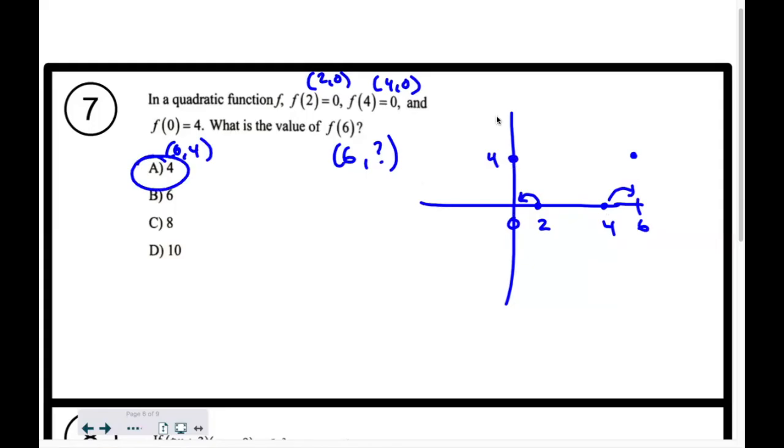Remember, a parabola, let me try to draw this. I probably didn't do a great job, but a parabola is symmetrical. So it's got this axis of symmetry here, and so if we're on the x-intercepts, which are the same distance away, and we go 2 more units in each direction, they should give us the same y value.